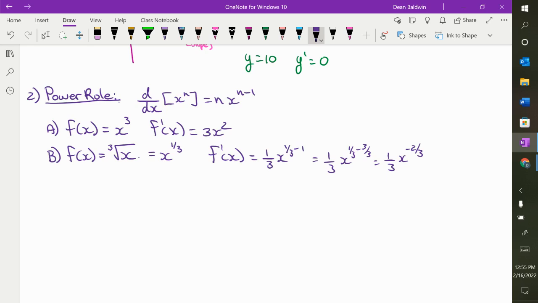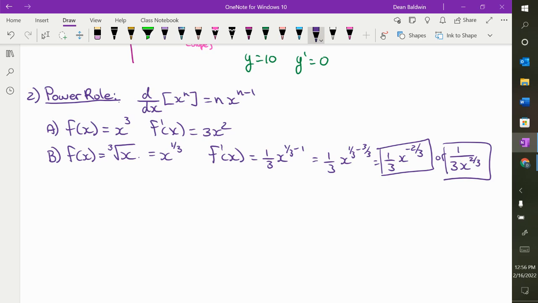So you can write it like that. Or you could write it like 1 over 3x to the 2/3. Or you can write it as 3 cube root of x all squared or whatever. It doesn't matter. Okay? But now you can see why.